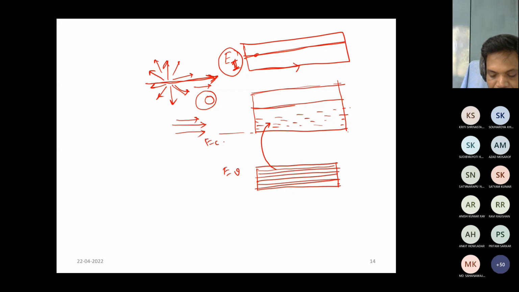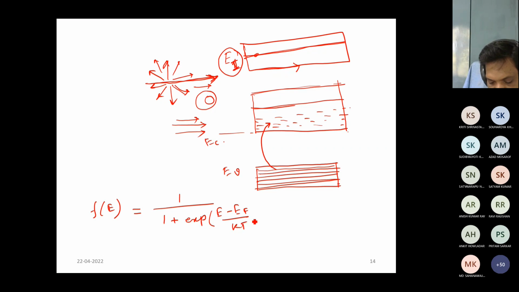This can be obtained by the Fermi-Dirac distribution function, given by Fe, the probability of occupancy of an electron at a given energy state E at temperature T, which is 1 divided by 1 plus exponential of E minus EF divided by KT.